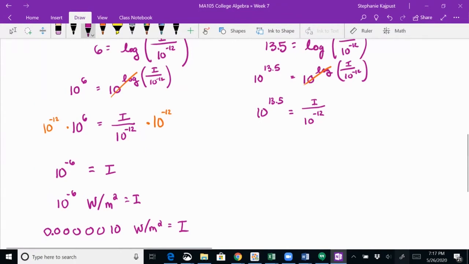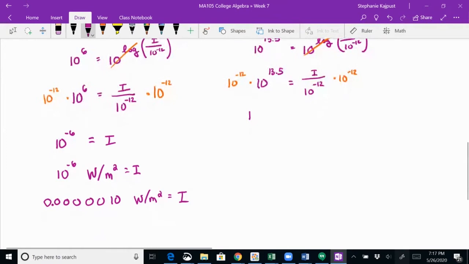I'm going to multiply both sides by 10 to the negative 12. We're going to use the rules of exponents again, where if you're multiplying things with the same base, you add the exponents. So we take negative 12 plus 13.5. And that gives us 10 to the 1.5 equals I.